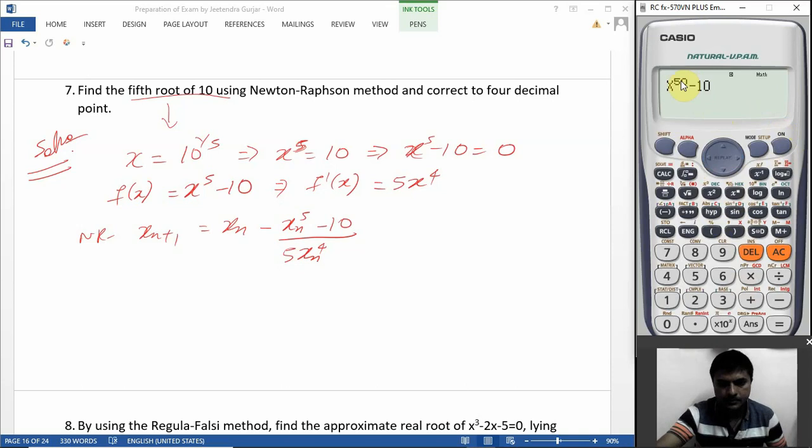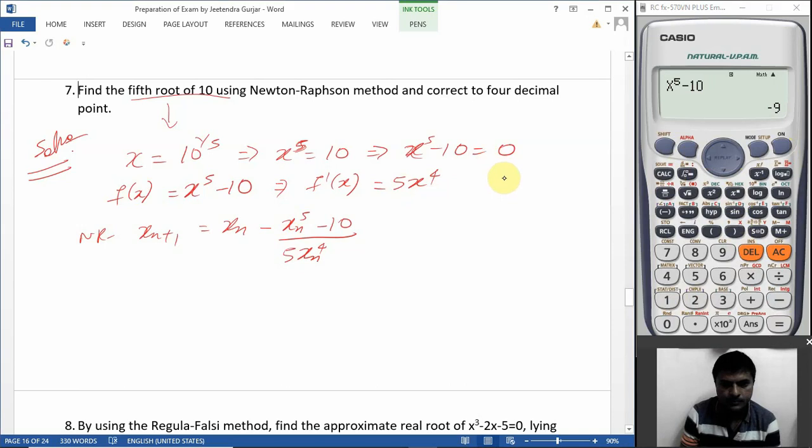Make this a nearer value. So you try to put x is equal to 1.1, 1.2, 1.3. Similarly, you can see 1.5, you will get a positive value. And x is equal to 1.6 will be the negative value.